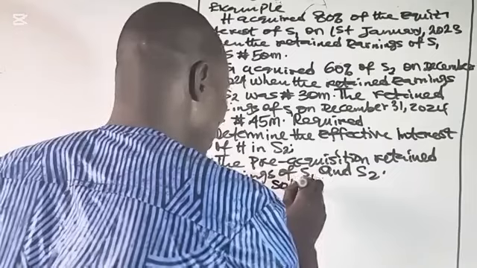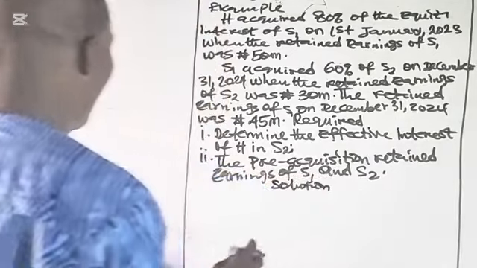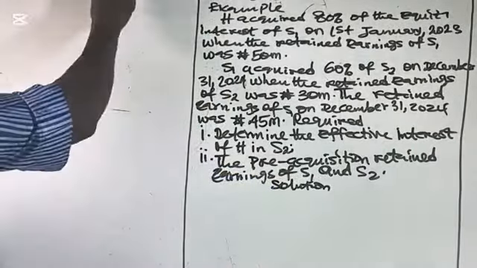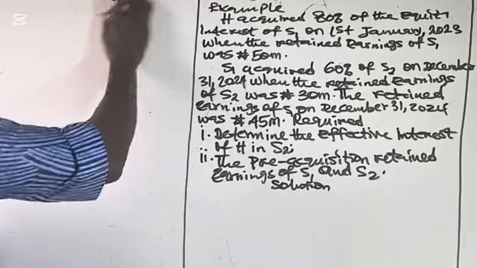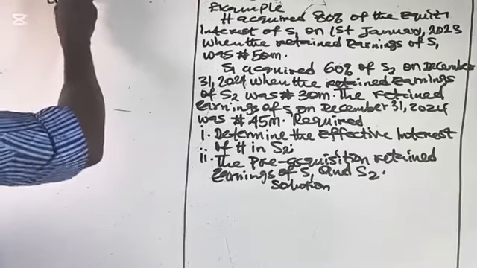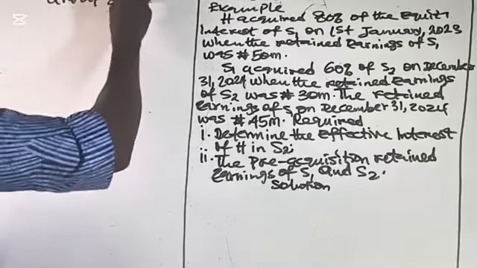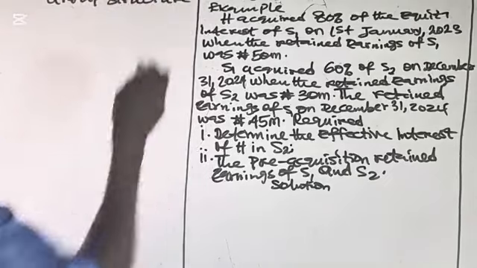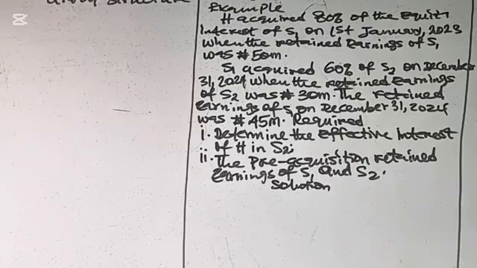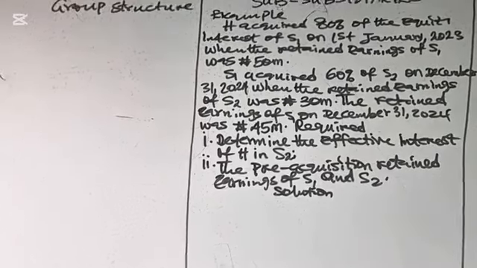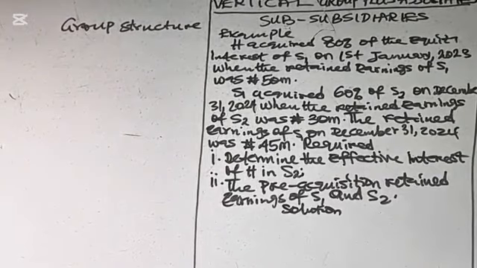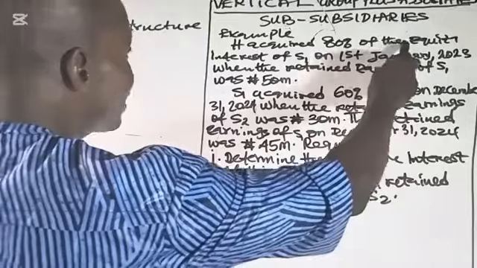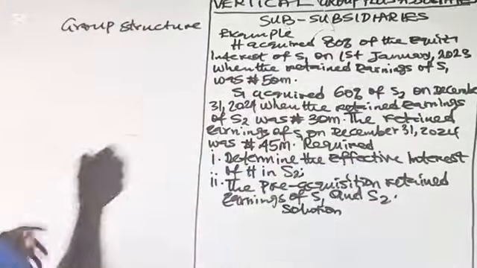Solution. Or let me draw it here. Group structure. You were told that H acquired 80% of the equity interest of S1.